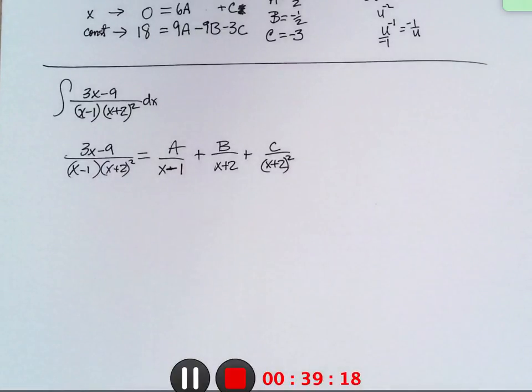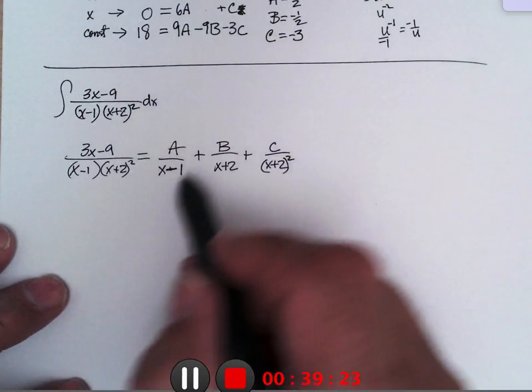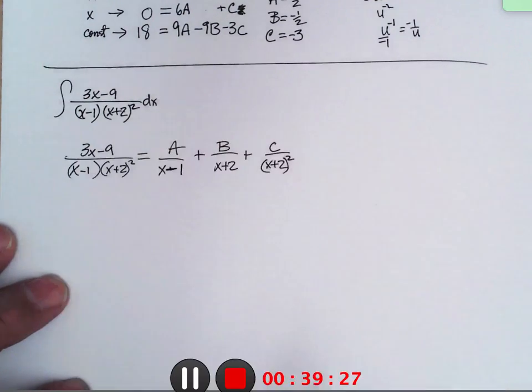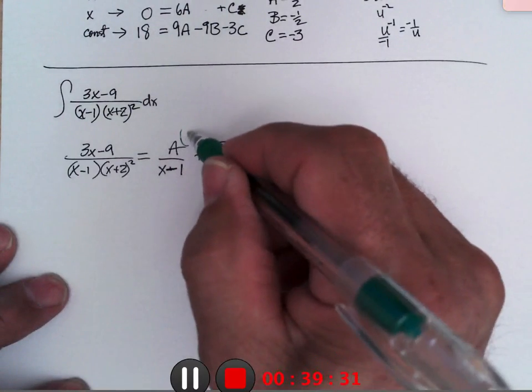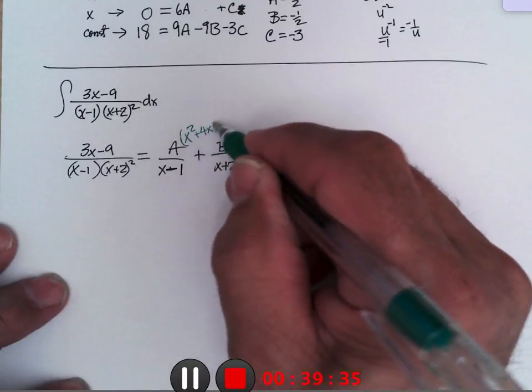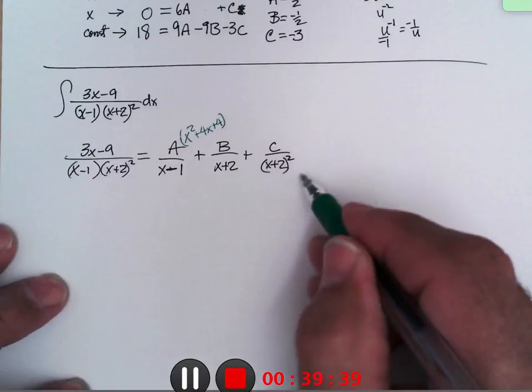So solving this, I would need to multiply this one by x plus 2 quantity squared. That is x squared plus 4x plus 4 if I take x plus 2 times x plus 2 and FOIL it out.